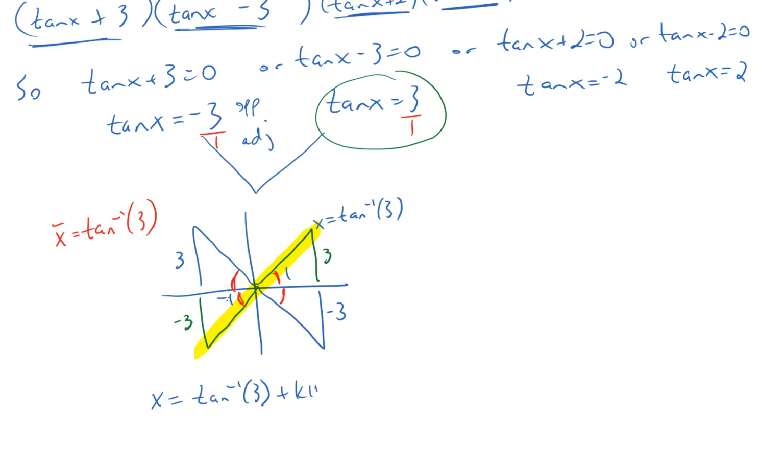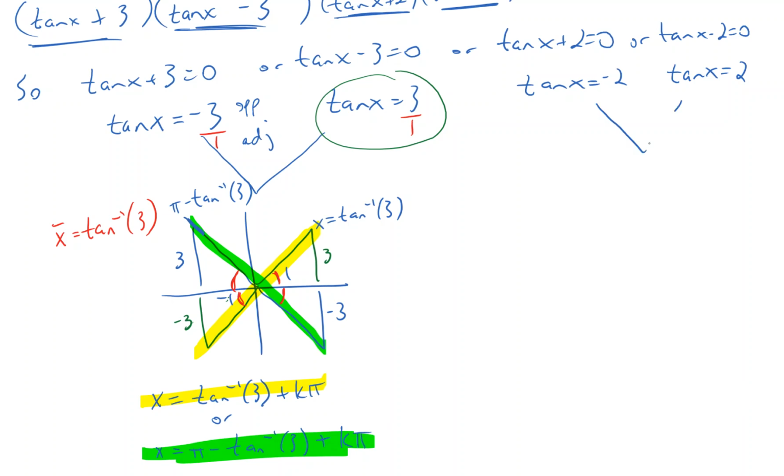So plus k pi is going to knock out all the yellows. Or, to knock out all the greens, I have to know this angle, which is just short of pi, so it's going to be pi minus my reference angle. Okay? So x could be pi minus my reference angle, plus, because they're separated by pi, plus k pi again.